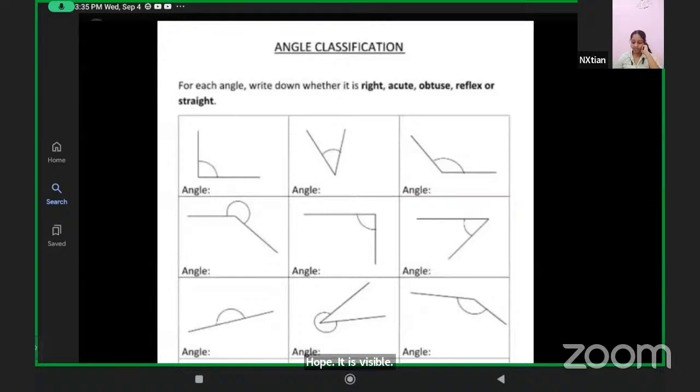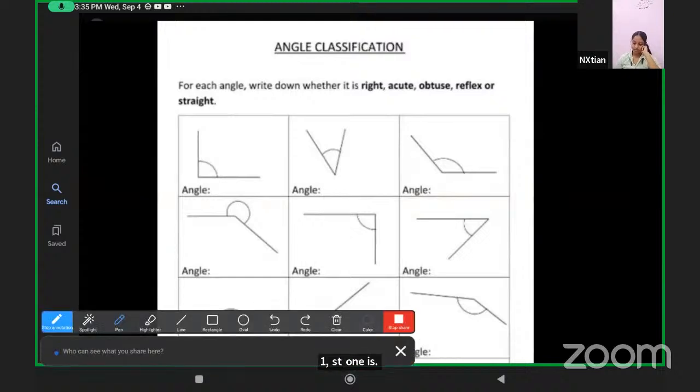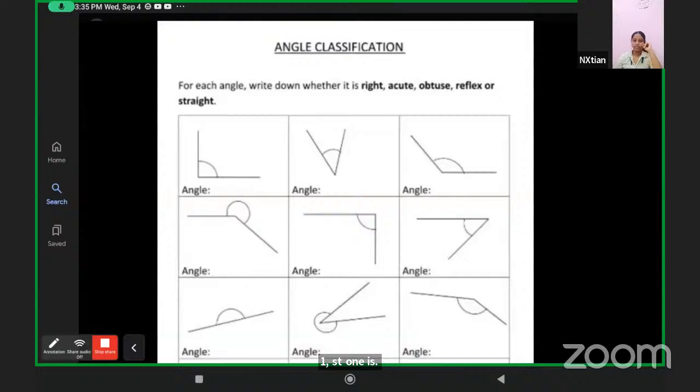Okay. Yes, Abraham. First one is? Right angle. Okay, good. Anaya, second one is? Ma'am, it's an acute. Acute. Okay. All right. Third one, Edric.